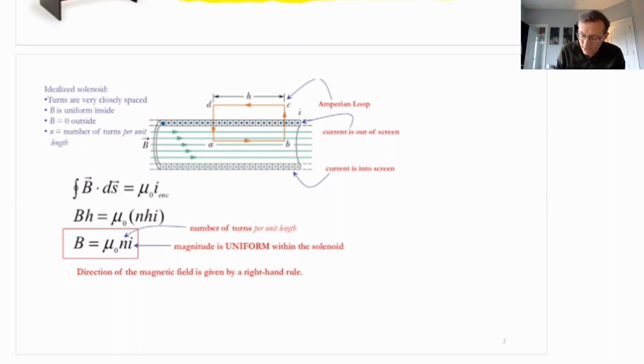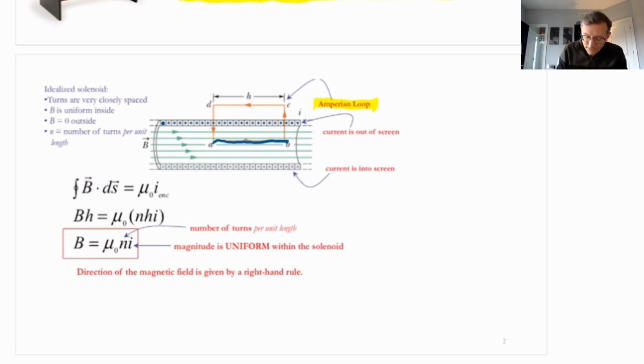And so the Amperian loop that we're going to choose is a rectangle in the plane of the screen of length h. And that's shown there in that kind of orange rectangle. The four corners of the Amperian loop are labeled little a, little b, little c, little d. And the arrows show which way we're going to do the magnetic circulation integral, counterclockwise. And we do that specifically so that along that edge right there, we're following B.